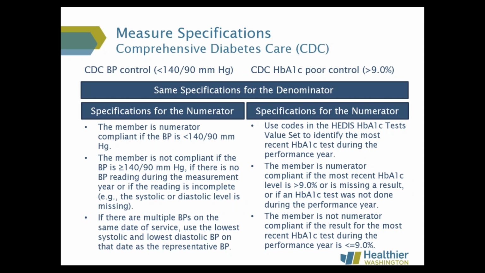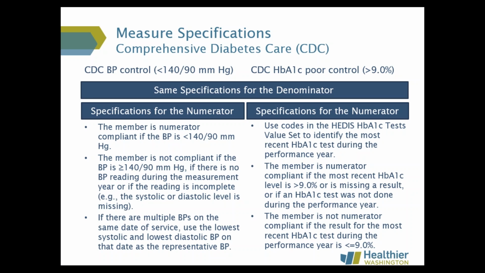For these 2 measures, we are dependent on the FQHC entities being able to look at the EHR, query the EHR, and identify those that qualify for the numerator and the denominator.